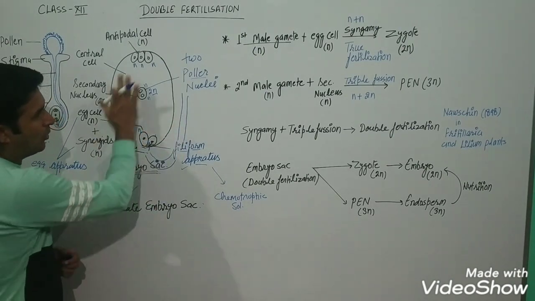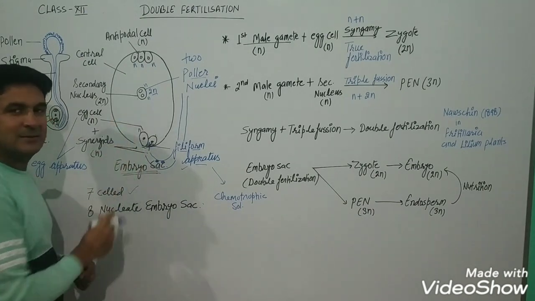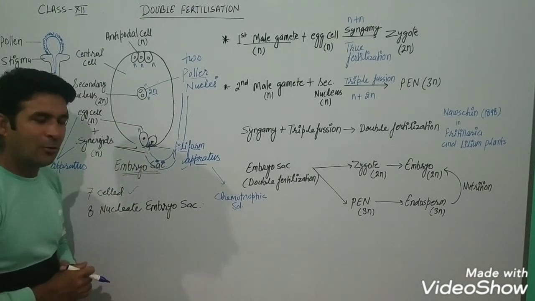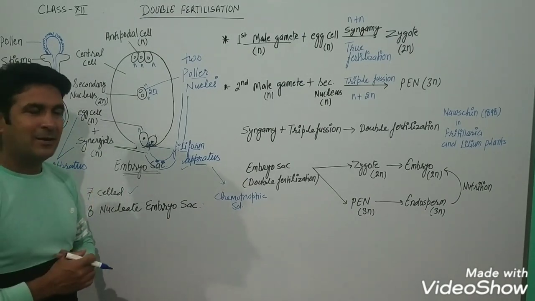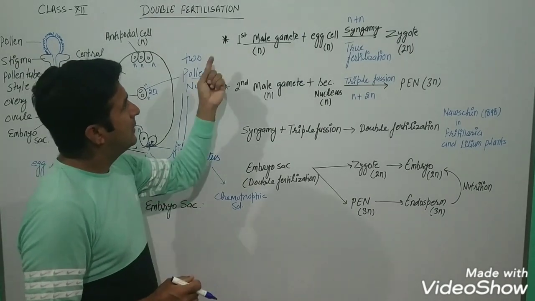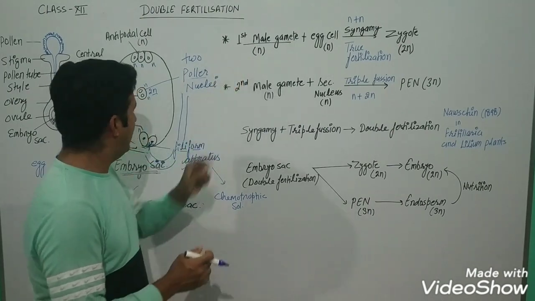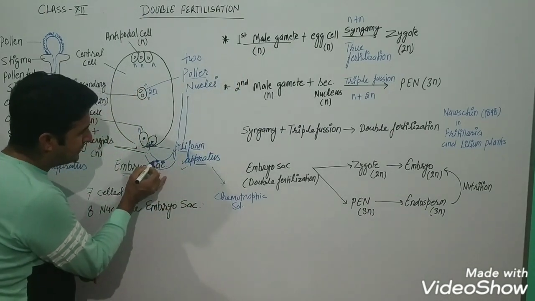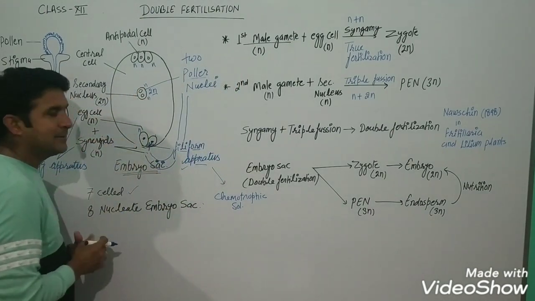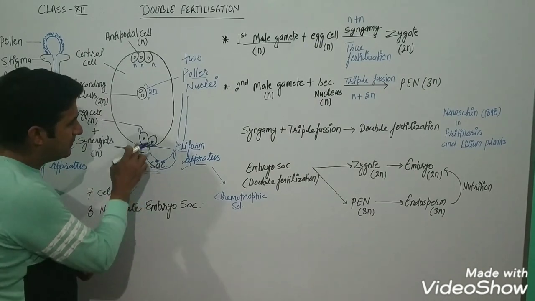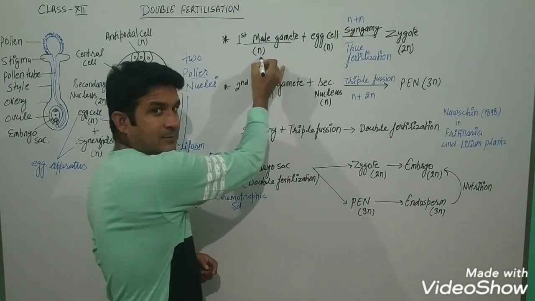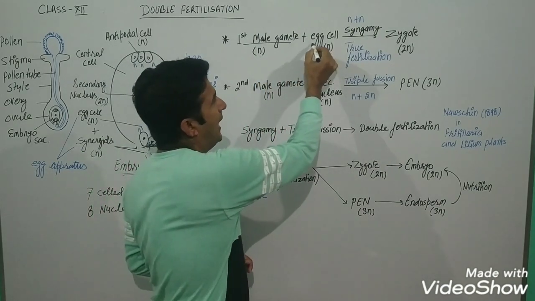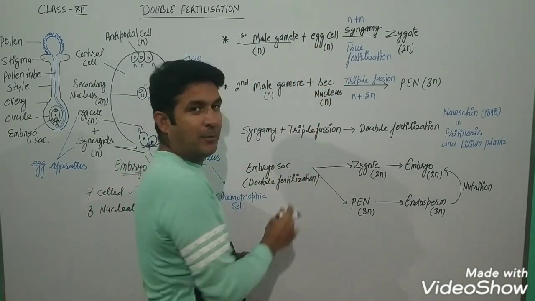So have you seen in all the processes which gamete is meeting with which gamete? Now we will discuss these things in detail. First of all we will see the first male gamete getting entry and meeting with the egg. The first male gamete is haploid and the egg cell is also haploid.